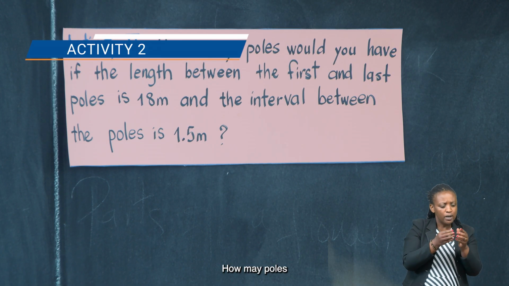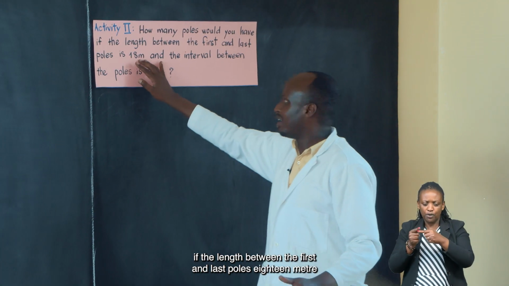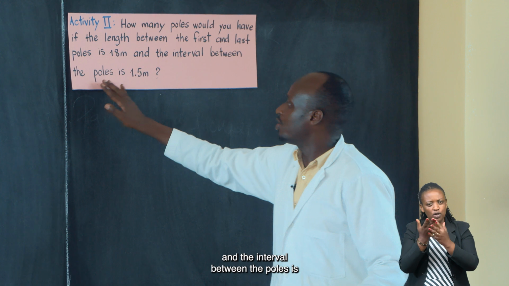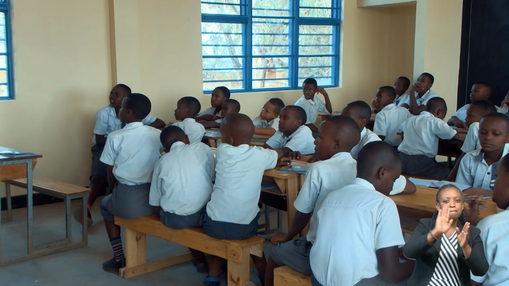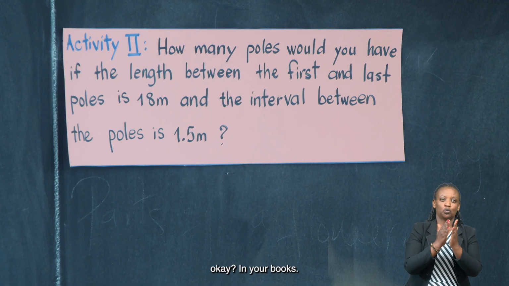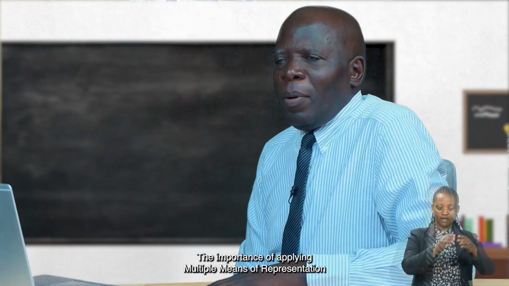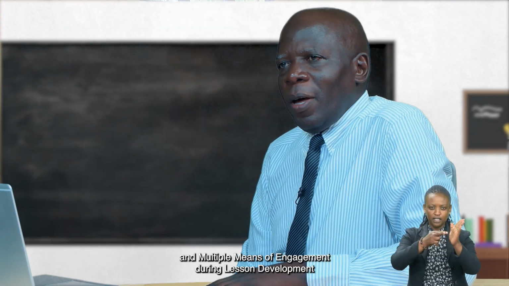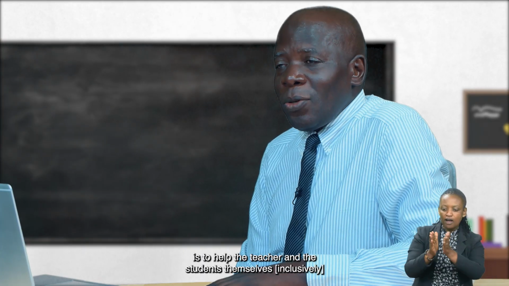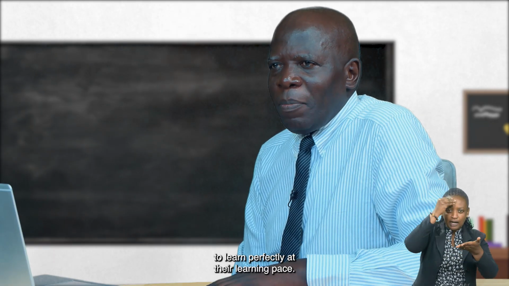How many pairs would you have if the length between the first and last pairs is 18 meters and the interval between the pairs is 1.5 meters? So you find this n in your books. You have to apply this formula in this question. The importance of applying multiple means of representation and engagement during lesson development is to help the teacher and the students themselves inclusively to learn perfectly at their learning pace.